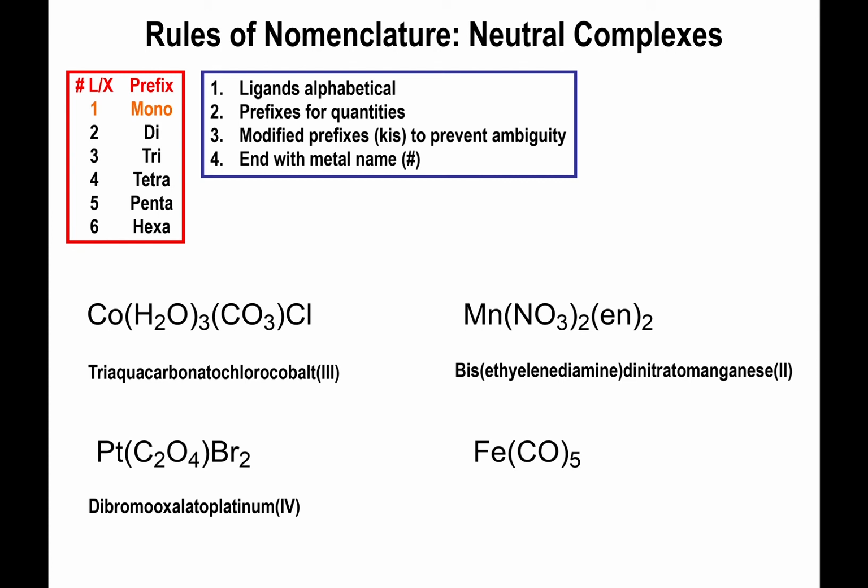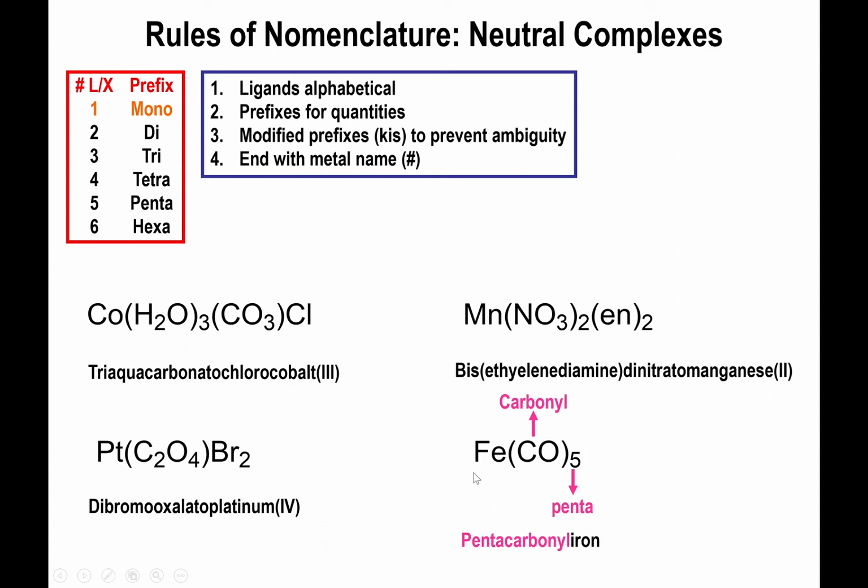All right, now the last molecule that I want to pinpoint right here, we have iron with CO. CO is known as carbonyl, and we have 5 of those, so we have to use the prefix penta. Since that's the only ligand, we will just call it pentacarbonyl. The name of the element is iron, so we end by giving the name of the metal, which is iron.